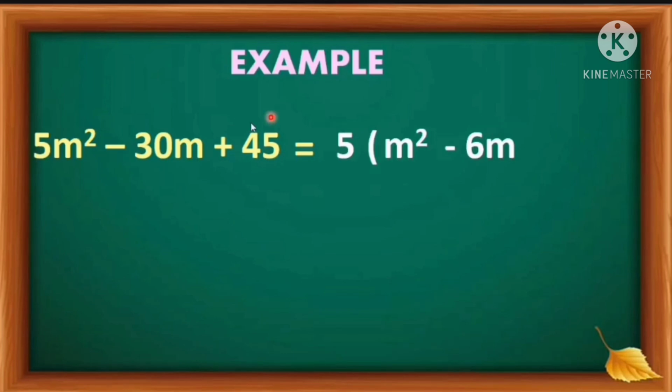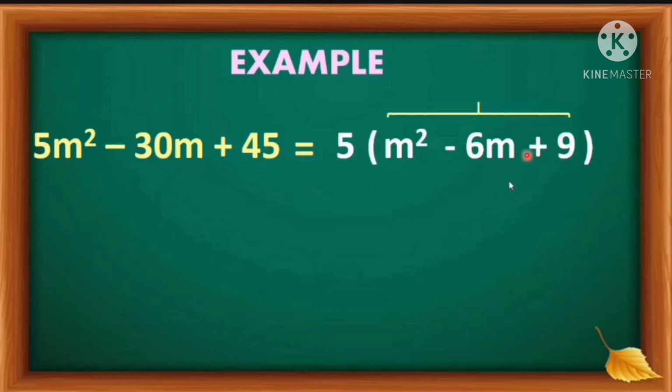And then positive 45 divided by 5, that is positive 9. Okay, this time we have two factors, 5 and the quantity m squared minus 6m plus 9. Notice that this second factor here is actually a perfect square trinomial. Let us test if this really is a perfect square trinomial. The first term is a perfect square. The third term is also a perfect square.